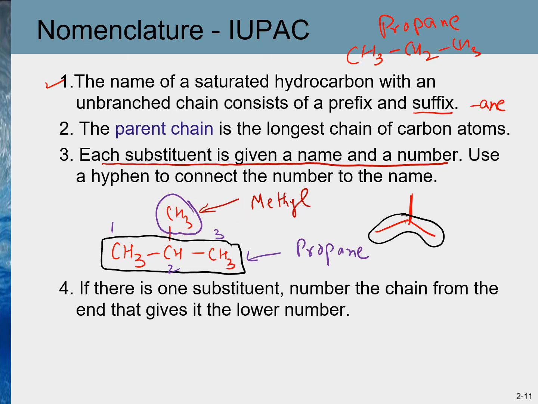When we put the name together, we first write the name of the substituent, so that's 2, and we always use a hyphen between a number and a letter. So 2-methyl. This is the name of the substituent, and it tells us that the substituent is methyl and is connected to the number 2 position, and then the parent chain, propane. So the name of this hydrocarbon is 2-methylpropane.